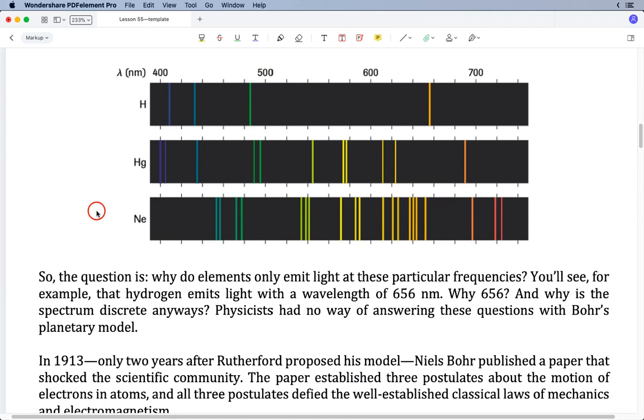If you're curious, I'll just say from the get-go that in order to explain the behavior of atoms that have more than one electron, you need to get into some more advanced quantum mechanics. So we're not going to be getting into that in this course, but we're definitely in a position that we can understand Bohr's model that explains the spectrum of hydrogen.